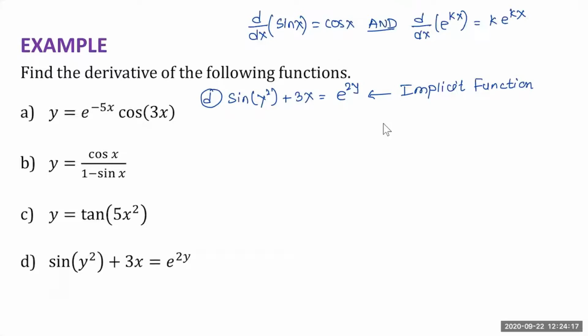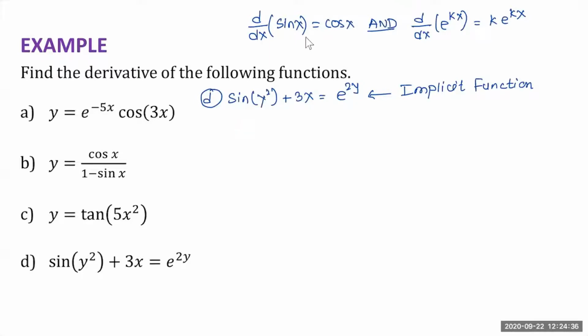Because this is an implicit function, we are going to use implicit differentiation. So first, if you want to find the derivative of this one, you can see you have sine of y squared. The inside function is y squared, the outside function is sine. So we use the chain rule first to find the derivative of the first term.